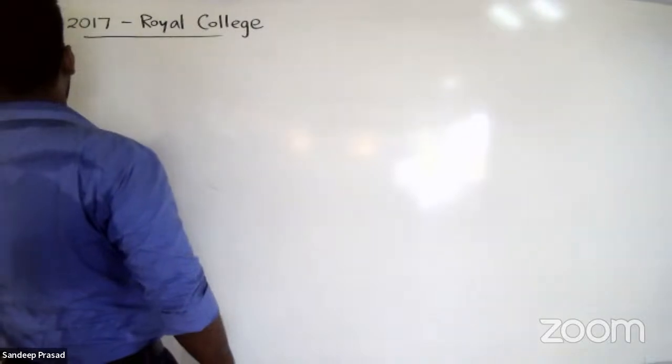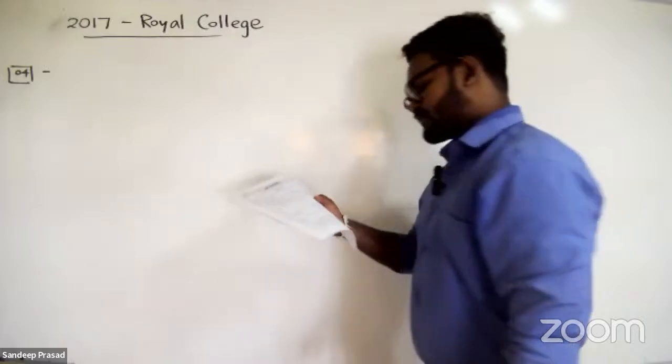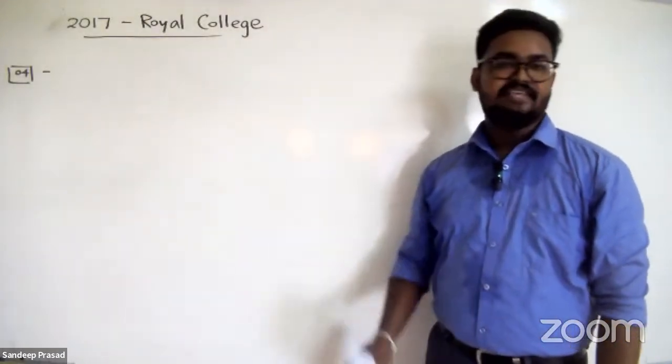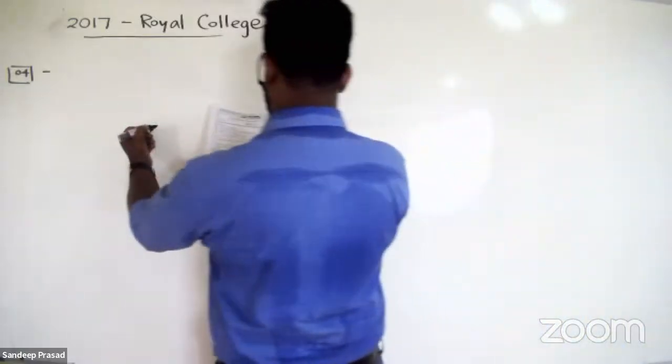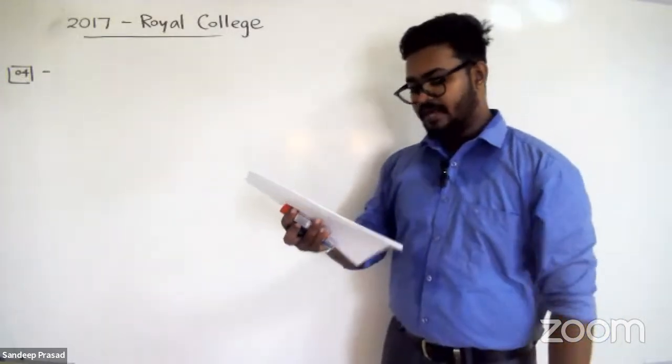Question number 4 is related to redox. This question is really easy. Let's see. Ethanol is oxidized to acetic acid by a strong oxidizing agent, KMnO4 in acidic medium. The change in the oxidation number of the carbon atom is asked.